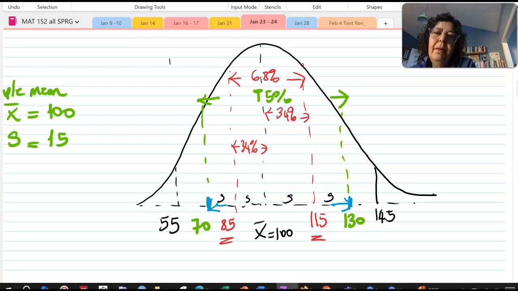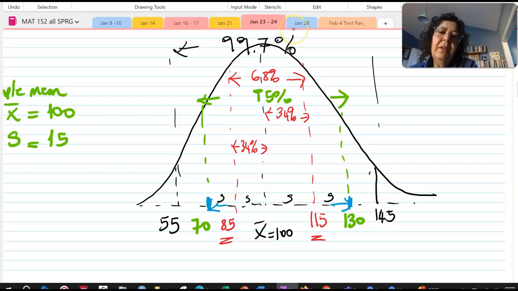So we're almost covering everyone's IQ score, which is 99.7%, going from 55 to 145. One more thing we forgot to do, same as the 34 in the 68: again, the mean divides this distribution in half.